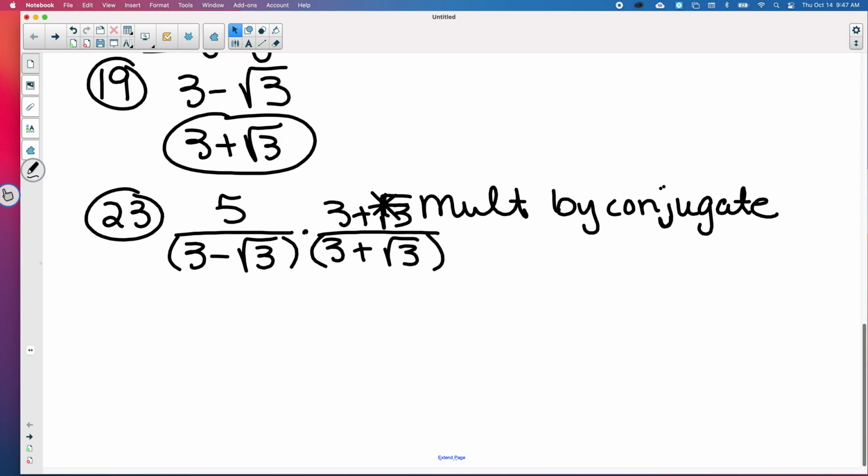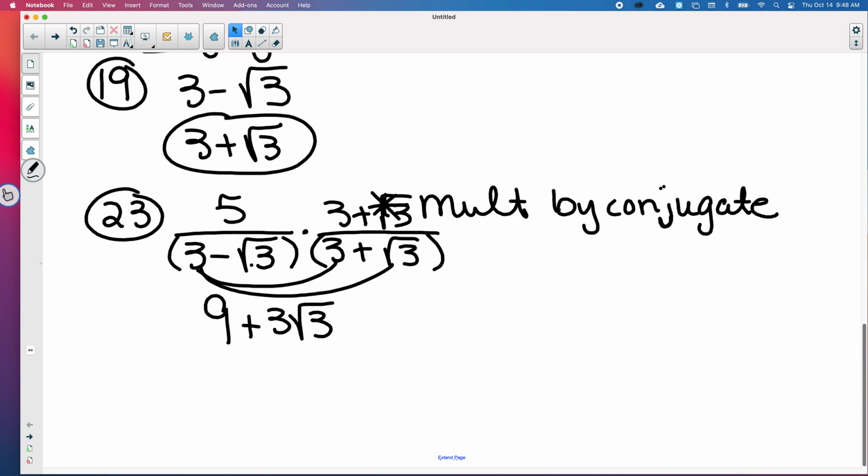Alright, so on bottom, because I have 2 things times 2 things, what do I have to do with those? FOIL them? Alright, so if I FOIL these together, I take first times first, so it's 3 times 3. 9. And then outer, what's 3 times radical 3? 3 radical 3.